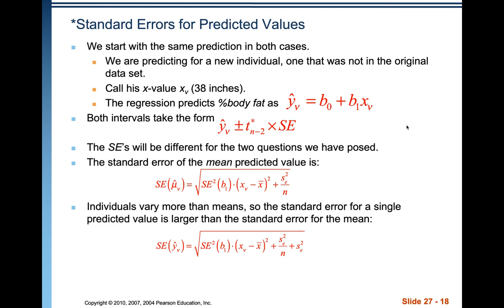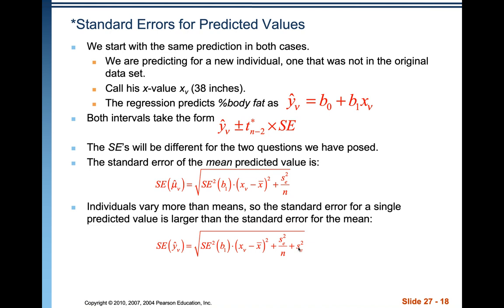The difference is in the calculation of the standard error. If you look, here we have our standard error for the mean response, and it's going to match up exactly with our standard error for the individual response, but the individual response has one extra term: the standard deviation of the errors, or of the residuals, squared.